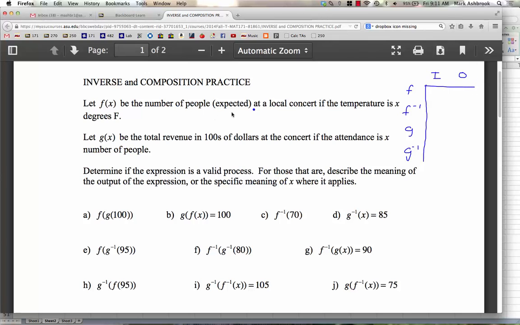Okay, so F, number of people expected. Is that input or output? Output. All right. Input of F: temperature. So therefore, F inverse, what's the input? Output is.